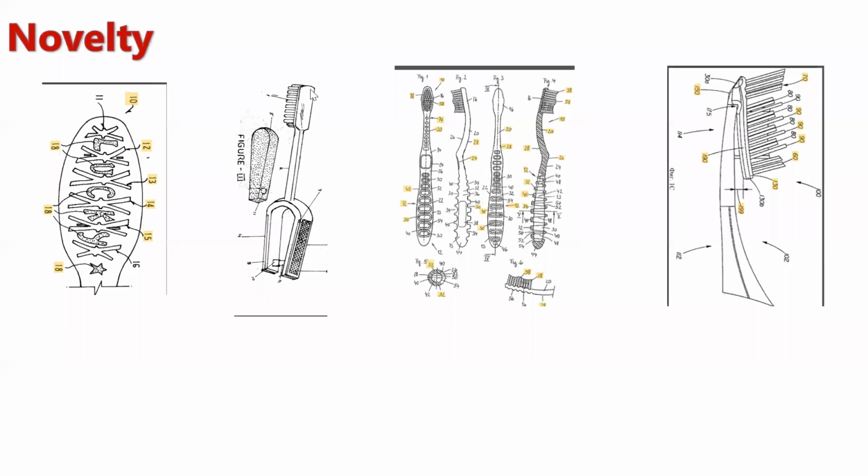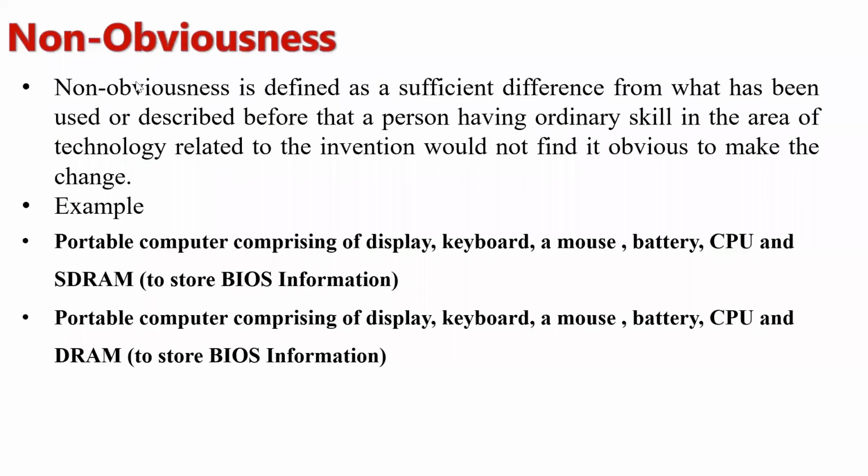Non-obviousness. The product should be non-obvious, which means that whatever the product, it should not be obvious to any person of ordinary skill in the area of technology related to the invention to make the change. Suppose I say that I designed one portable computer.